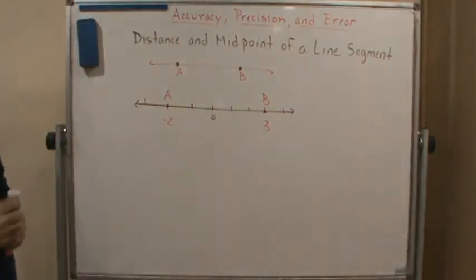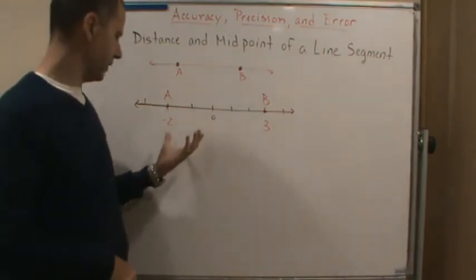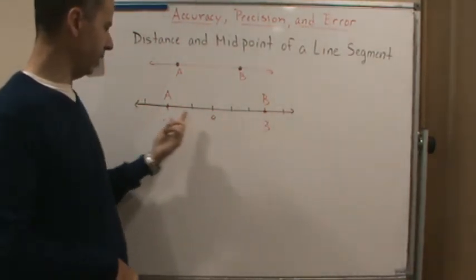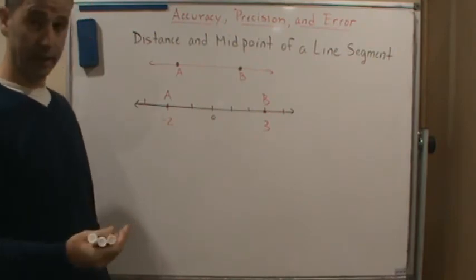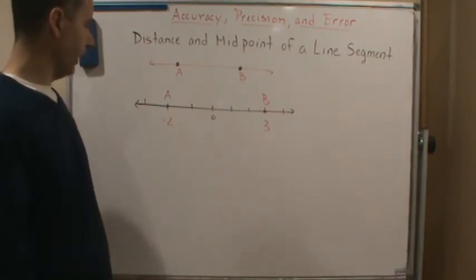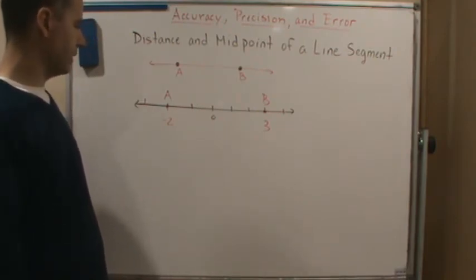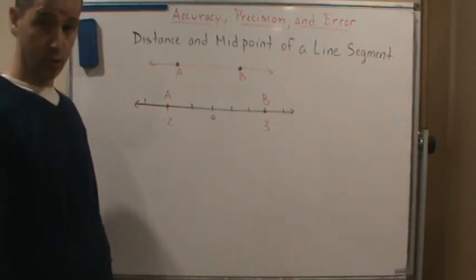Okay, so in this situation, we're mapping, let's say we have this line segment here on the number line, on the real number line. And we want to know, hey, what's the distance between the two?